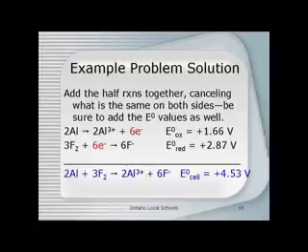So when we add these together, we get for the reaction 2Al plus 3F2 yields 2Al3+ plus 6F−. When we add the standard oxidation and reduction potentials together, 1.66 volts plus 2.87 volts gives us a standard potential difference for this cell of positive 4.53 volts.